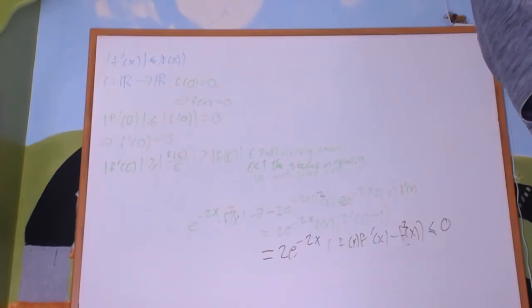Less than or equal to 0. And then f squared of x is 0. If it's bigger than or equal to 0 for all values, it's true. I see how this proof works for bigger than or equal to 0.